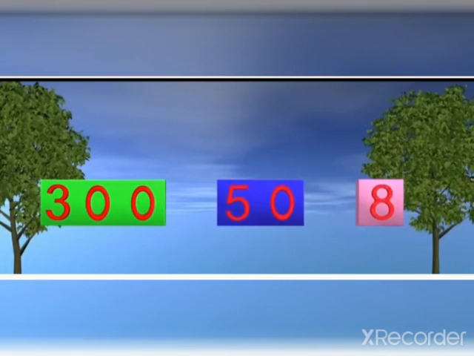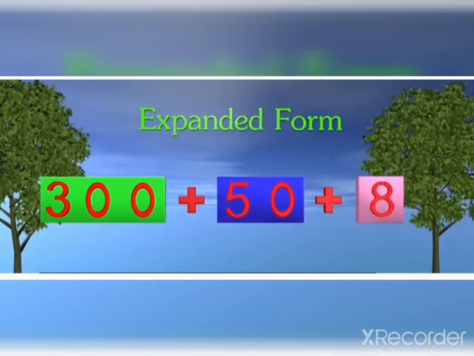Now 8 is in the ones place, so we will write 8. 5 multiplied by 10 is equal to 50 and 3 multiplied by 100 is equal to 300. Now the expanded form of 358 is 300 plus 50 plus 8.